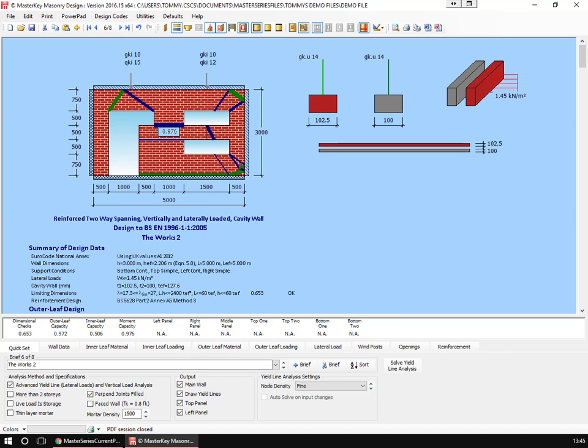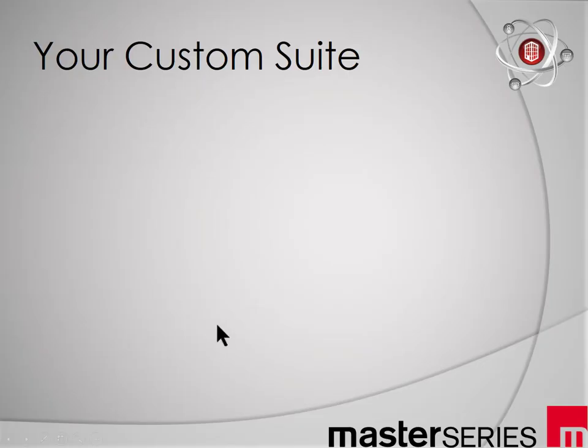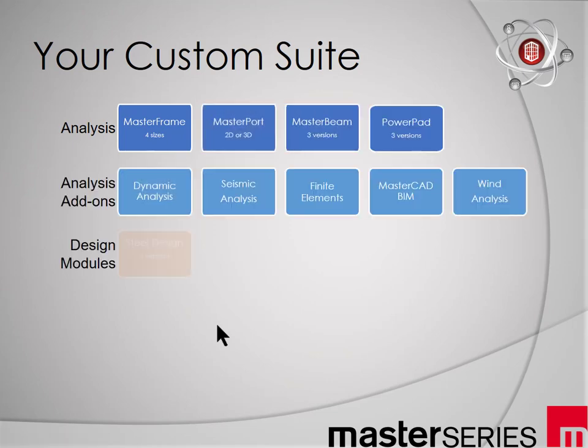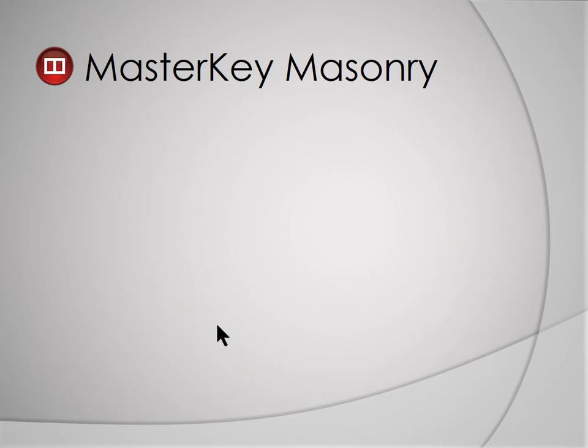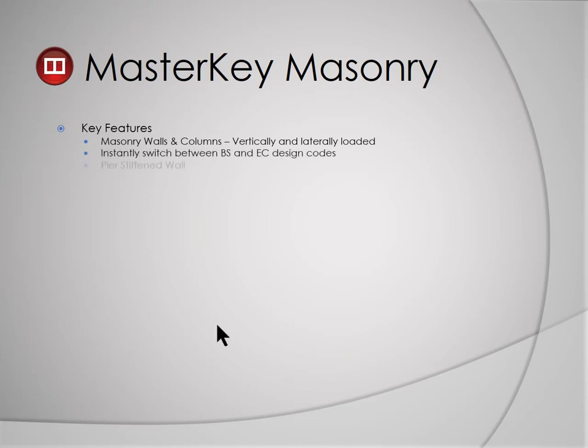So what are the key points in the masonry? Okay, well, walls and columns. We can switch between the BS and Euro codes. I will show you that in a second. Piers, bed reinforcements, wall openings. Those are the main physical items.